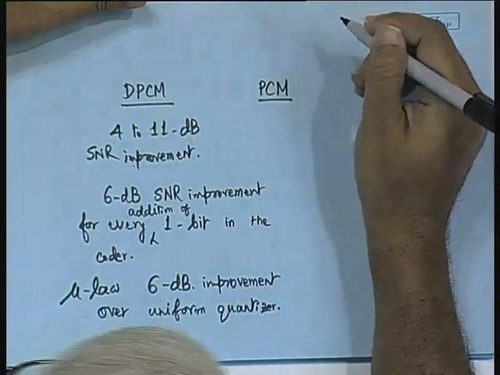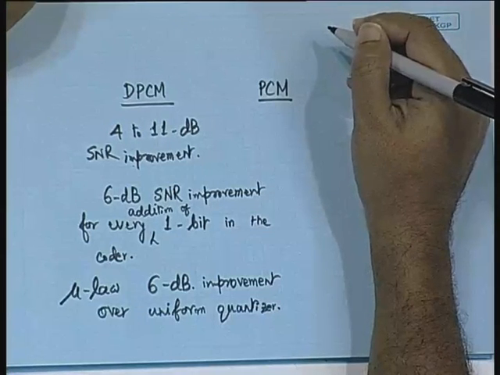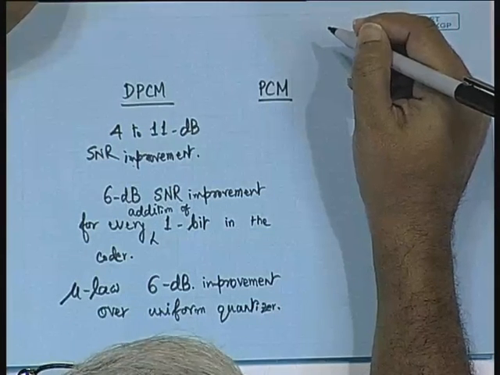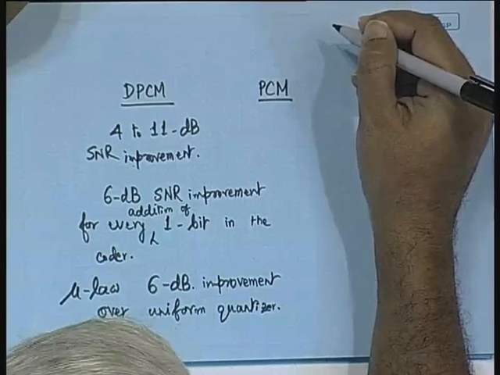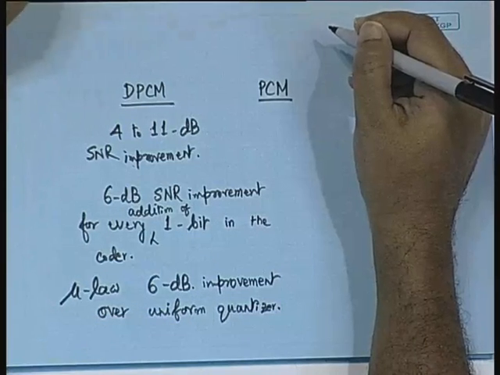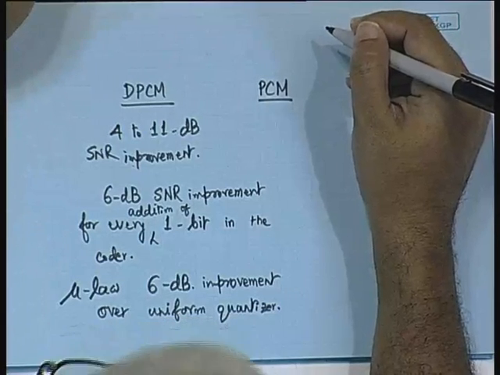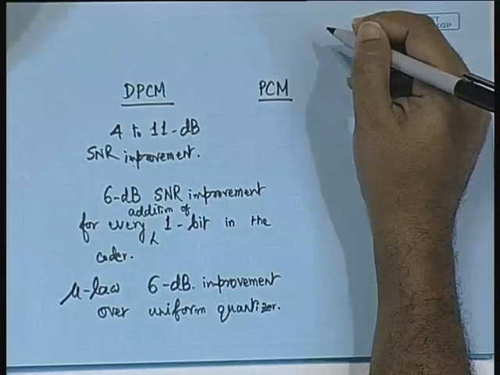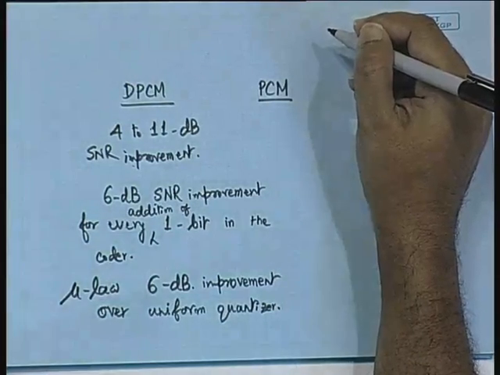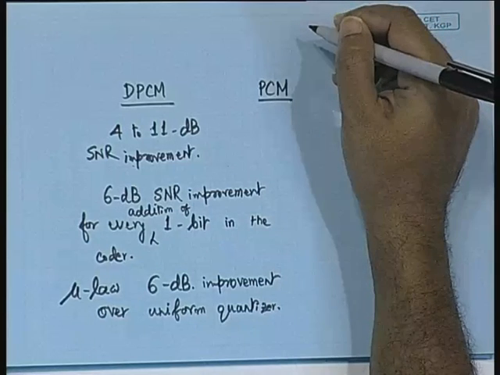So what you can try to do is make use of a differential pulse code modulation that itself gives you 4 to 11 dB of SNR improvement, and if instead of a uniform quantizer you use a mu law quantizer, that gives you a further 6 dB improvement, and now if you allocate more bits you can increase the signal to noise ratio further.